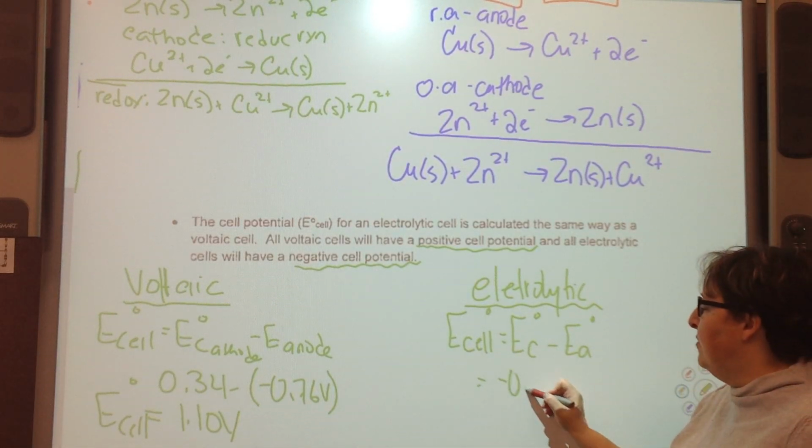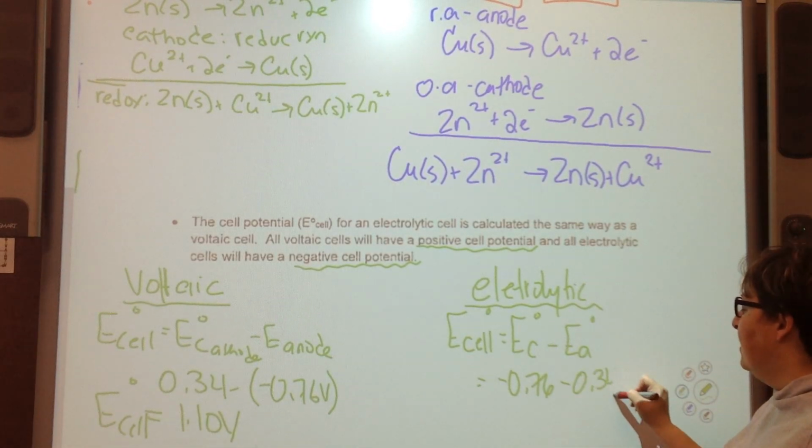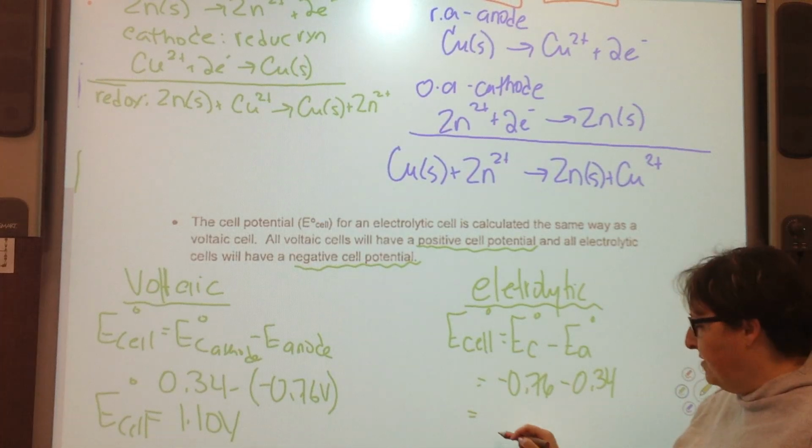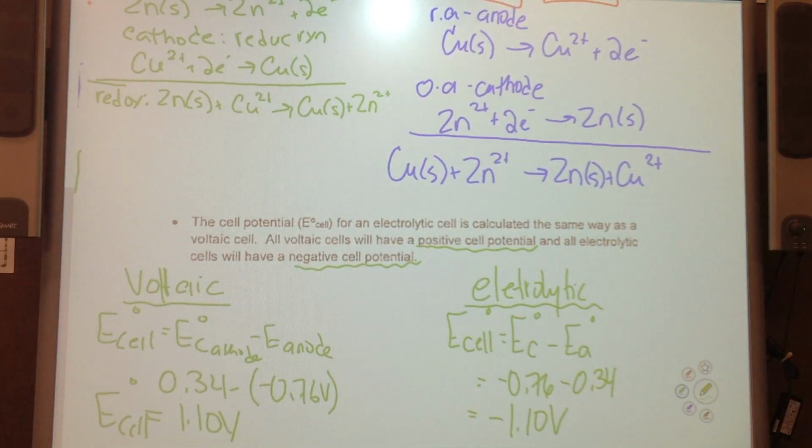So this is negative 0.76 minus 0.34. We get negative 1.10 volts. Okay, so the only thing that's changing is what is going where. The formula doesn't change to create that positive or that negative. Okay?